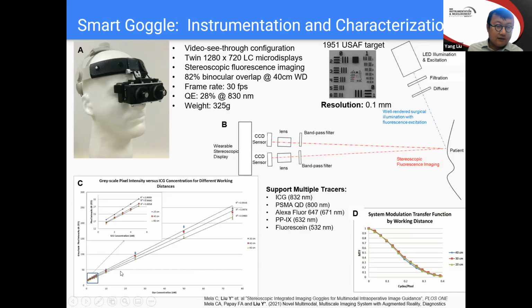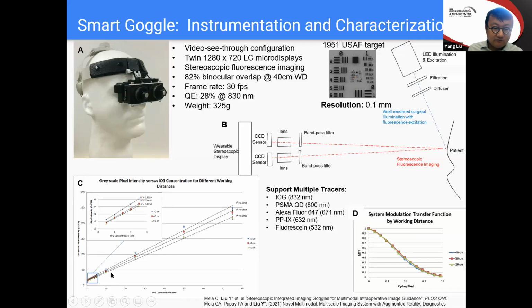And we have also characterized the fluorescent detection limit of those systems. So here you can see the concentration of different fluorophores plotted against the pixel reading, at different working distances and at different molecular concentrations.